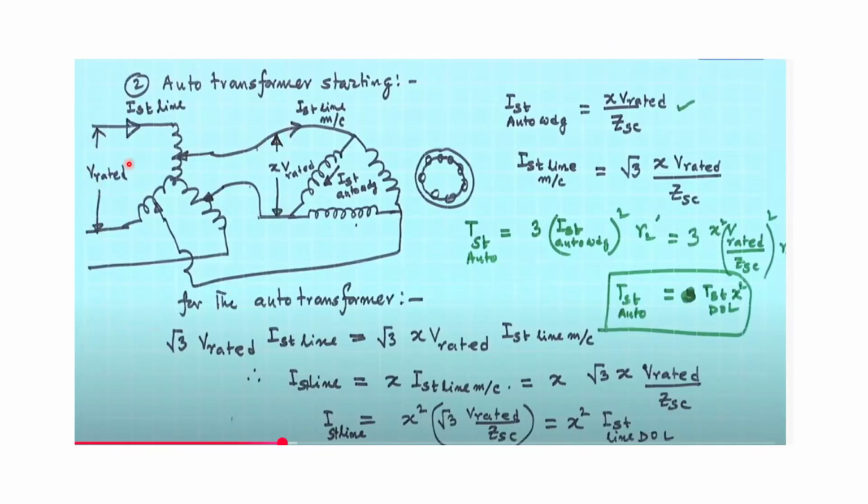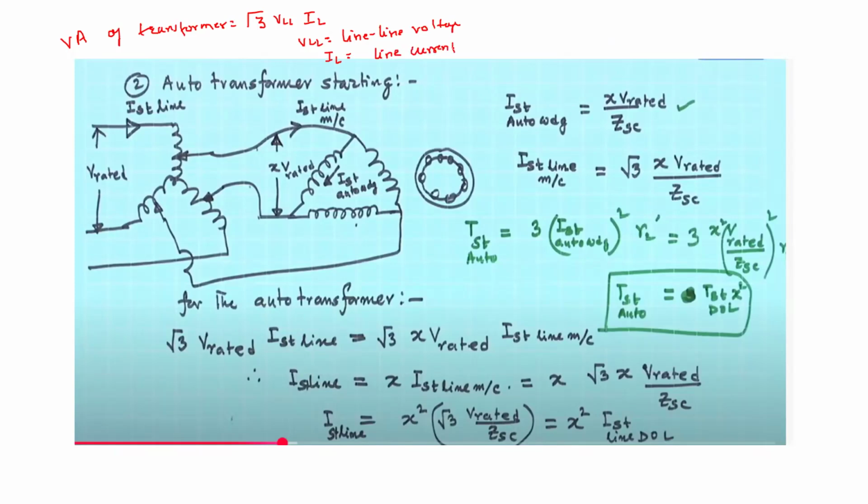The VA of a transformer is written as root 3 times V line to line times I line, where V line to line is the line to line voltage and I line is the line current.